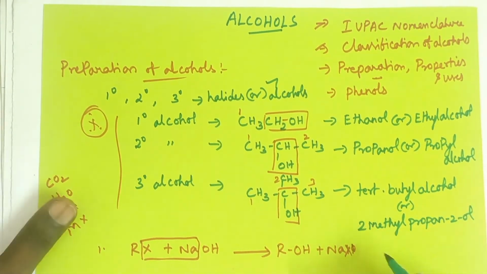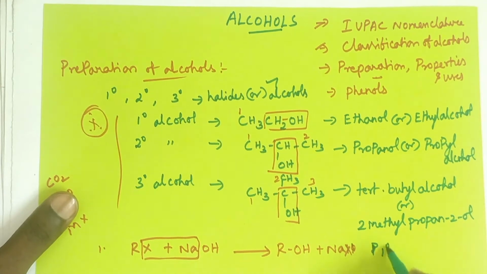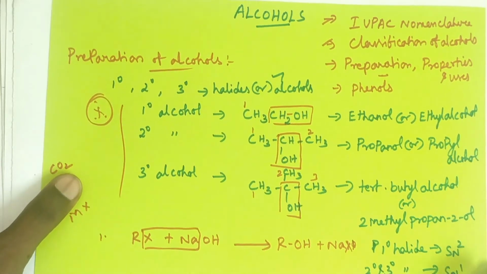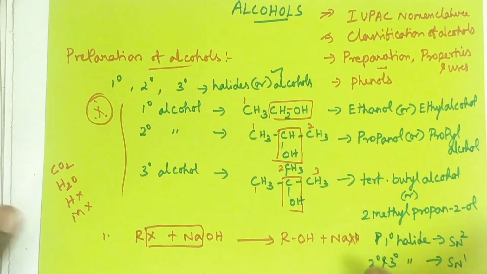In this case, if it is a primary halide, it undergoes SN2 substitution. If it is a secondary or tertiary halide, it undergoes SN1 substitution. So these are the first two preparations.